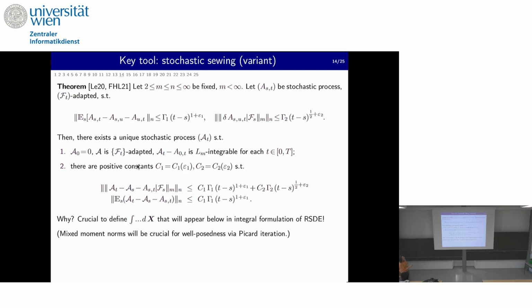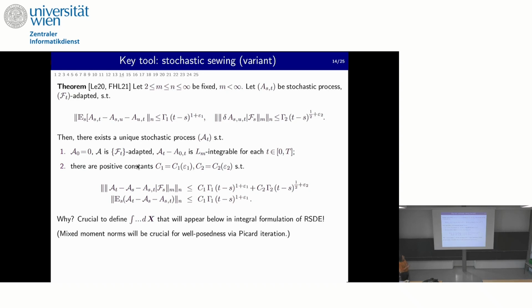Adapted means that for every fixed s, t it's F_t measurable. And on all these assumptions, you basically get a stochastic process, calligraphic A, whose increments are well approximated by these ingredients that you started with in this conditional form estimate. And again, there are 2 estimates that mimic this one, but now with the limiting process that you constructed.